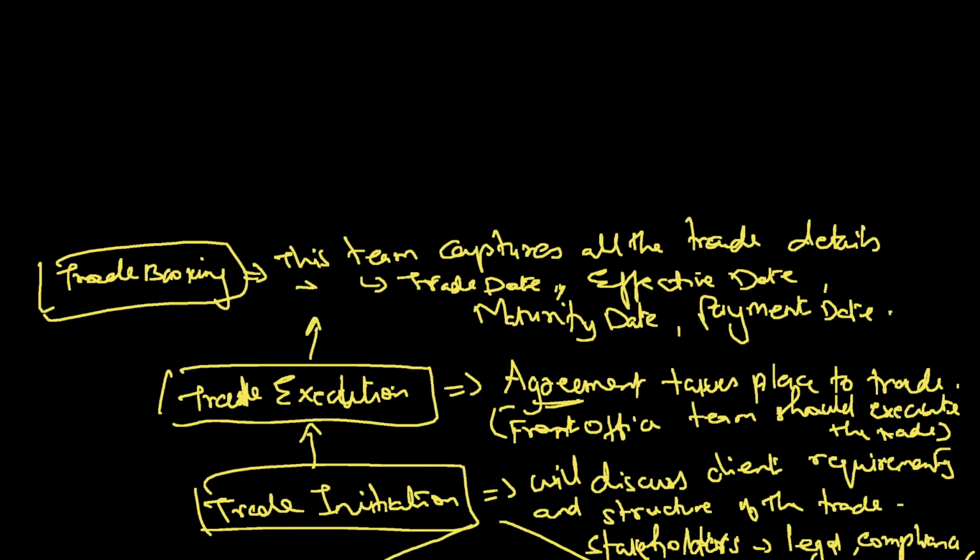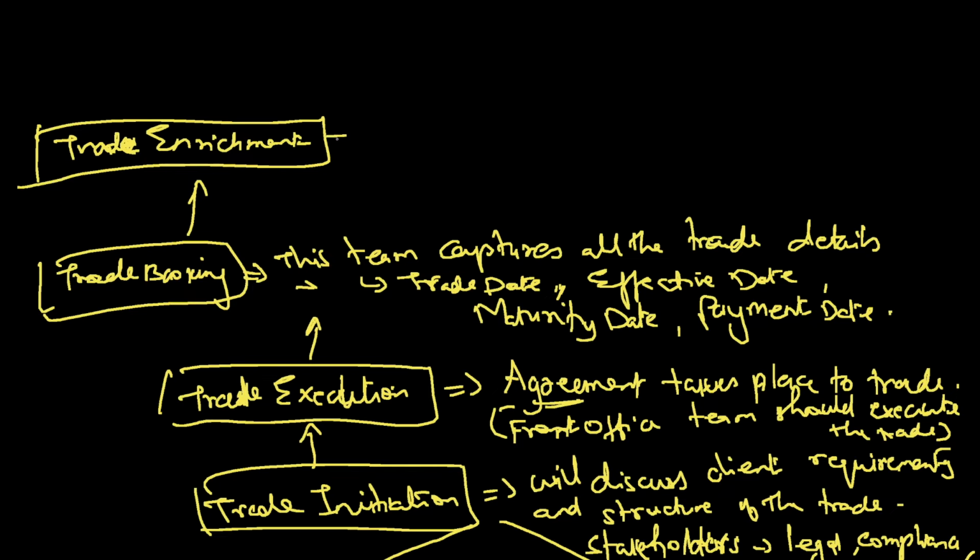Then it goes to the next stage called trade enrichment. So in trade enrichment, all these details will be further cross-checked whether it is matching.